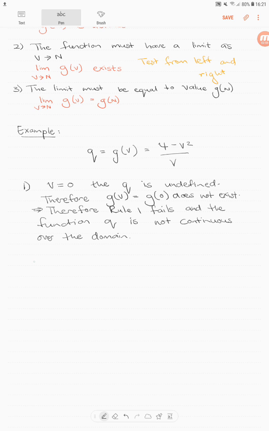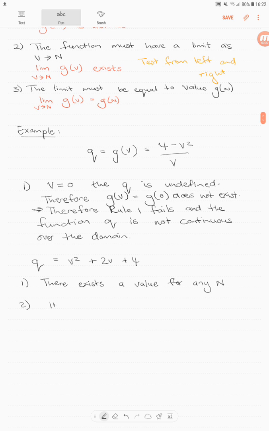If we take another example, q equal to v squared plus 2v plus 4. So our first rule, if we take any value of real numbers, there exists a value for any n.